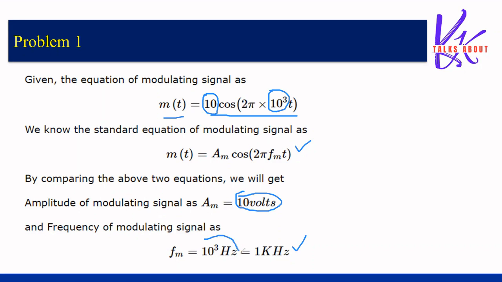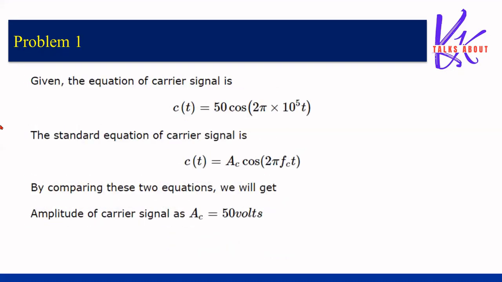Now, he has also given the carrier wave, c of t is equal to 50 cos of 2 pi 10 power 5 t.